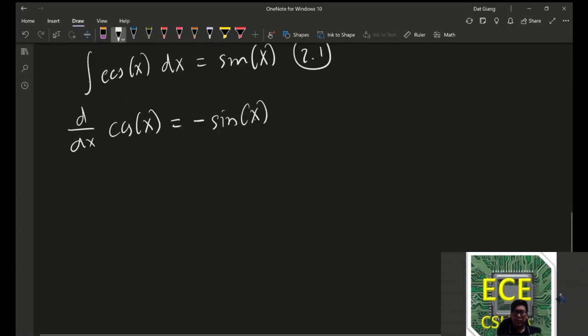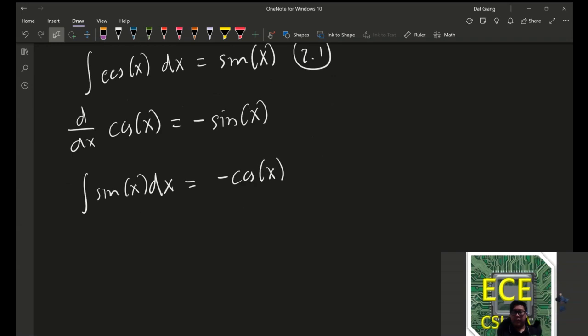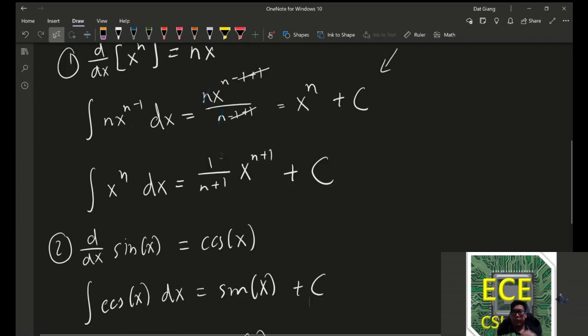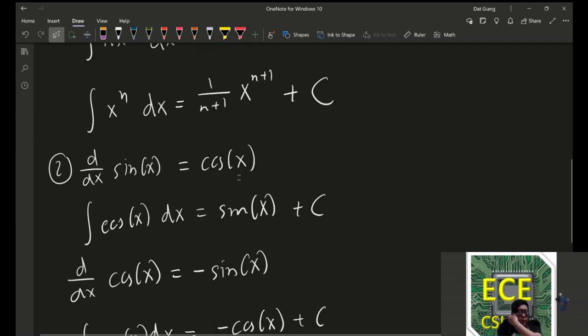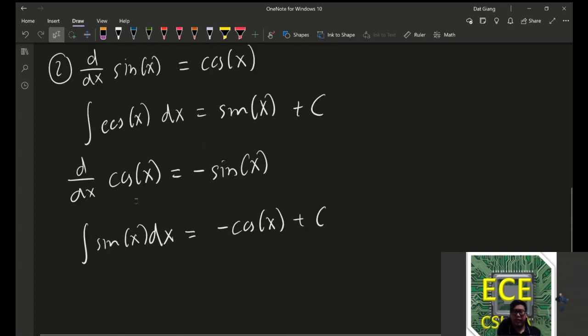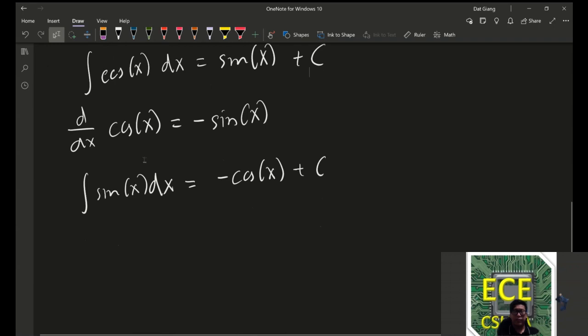So if we were to simply integrate sine of x dx, we would return negative cosine of x plus c. So these are just a few examples of using the indefinite integral.